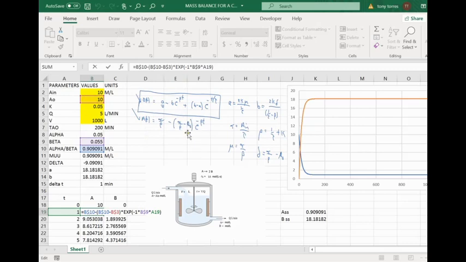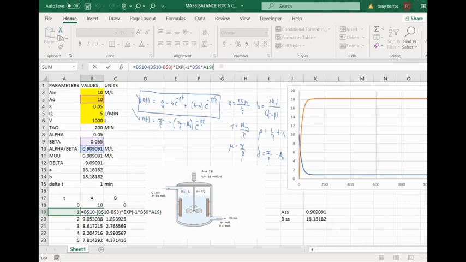Careful: when it says A0, it is A0; when it says A in, it is A in. Don't confuse that. All right. Times the exponent of minus beta t, minus 1 times beta t. The time is taken from here through the delta t, whatever you want to start with. Well, that was the concentration of A.